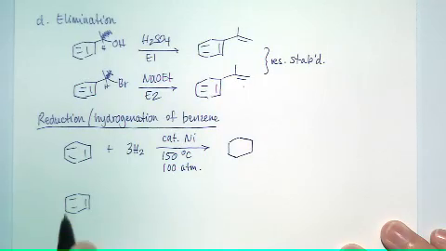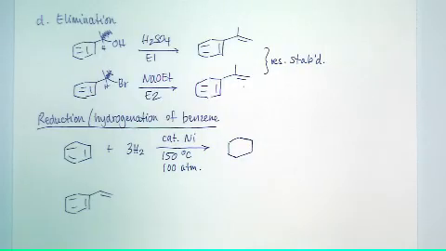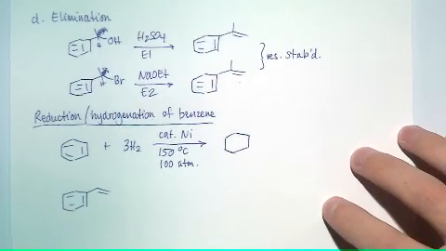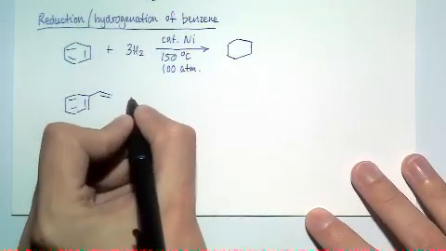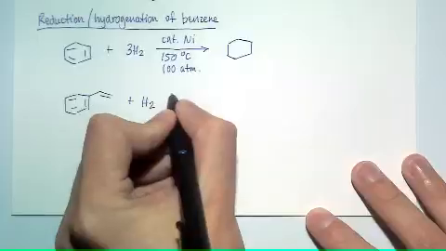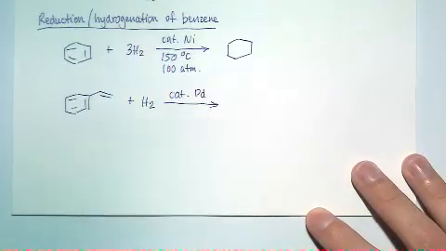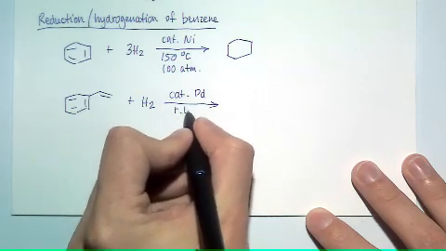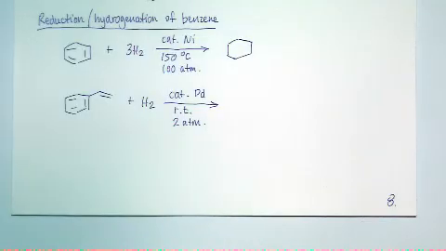if you've got an aromatic system and attached to it somewhere, even like this in resonance with the aromatic ring, is an alkene of some kind. You use a slightly different catalyst. You can do this at room temperature and only at very mild pressure, so twice atmospheric pressure, mostly so the hydrogen doesn't float away.